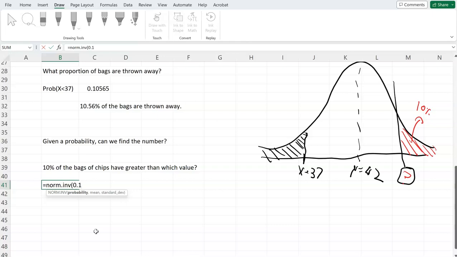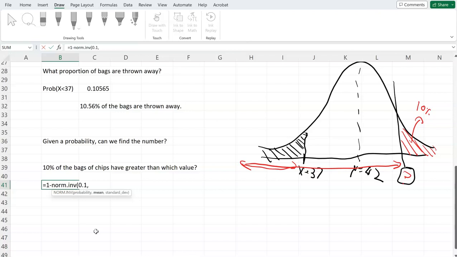However, when I do this, if you notice, as I said, all the numbers always go from left to right. So this measurement is going to be from left all the way up to 90%. So what I need to find is the number equals 1 minus norm.inv. The probability is going to be 0.1.